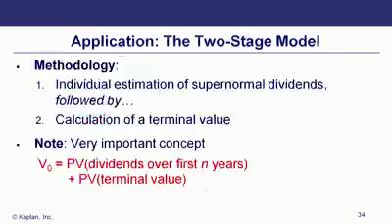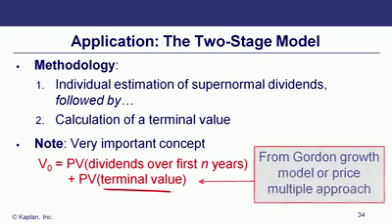Methodology: work out your supernormal dividends, then the terminal value. Note, key concept, the value is the early dividends individually PV'd, and then the present value of that terminal value. Getting the timings right is the key, hence our use of a timeline. So, Gordon growth model or multiples could be used for the terminal value.